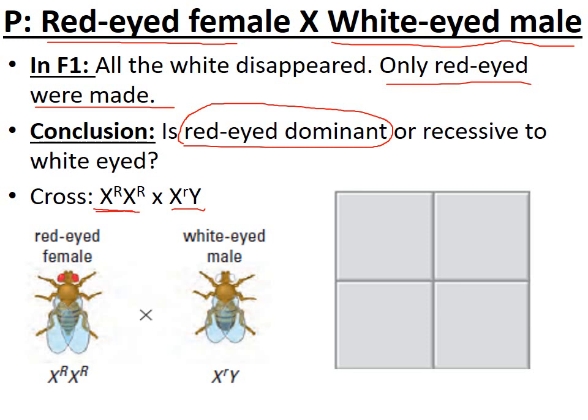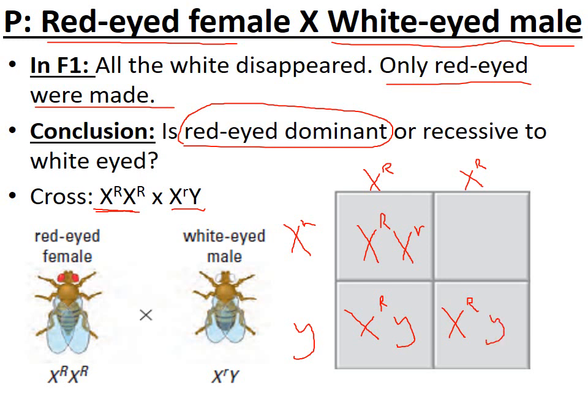So I'm going to put the red eye individual, the pure breeding red eye female, on top, so X big R, X big R. And then I'm going to put X little r, Y. And then I'll get, to my fertilization event, X big R, X little r, X big R, Y, X big R, Y, and then X big R, X little r.